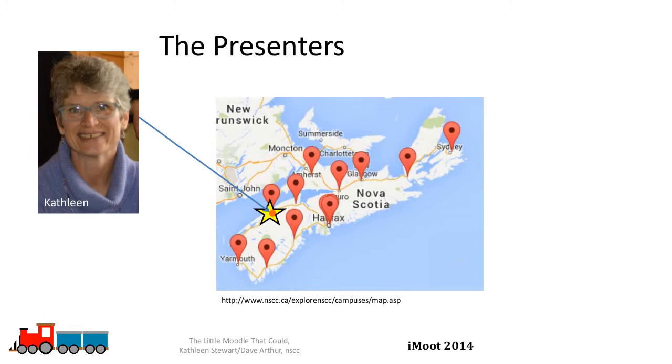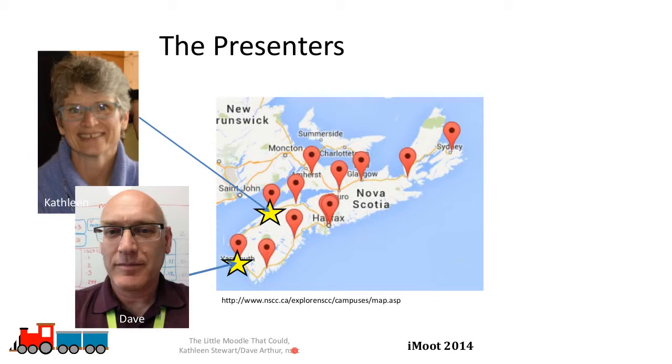And the other presenter today is Dave Arthur, from the Burridge campus of the Nova Scotia Community College, which is in Yarmouth. That's a town of about 25,000 people, right down at the tip of Nova Scotia. So we both work at rural campuses, and Moodle has been a lifesaver for us in rural campuses. We really appreciate having it.